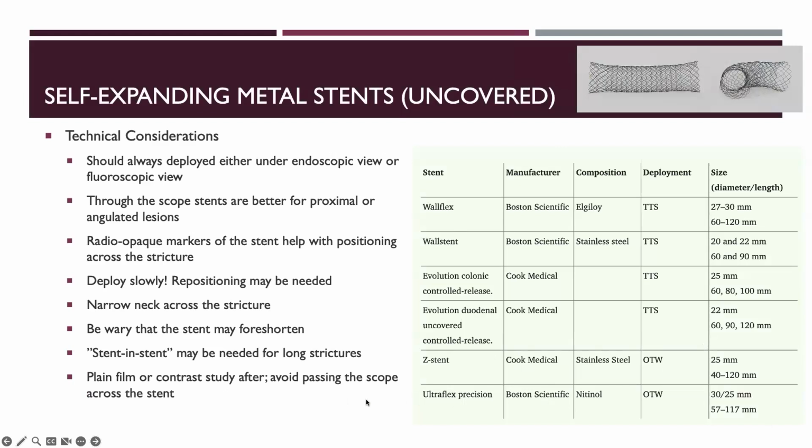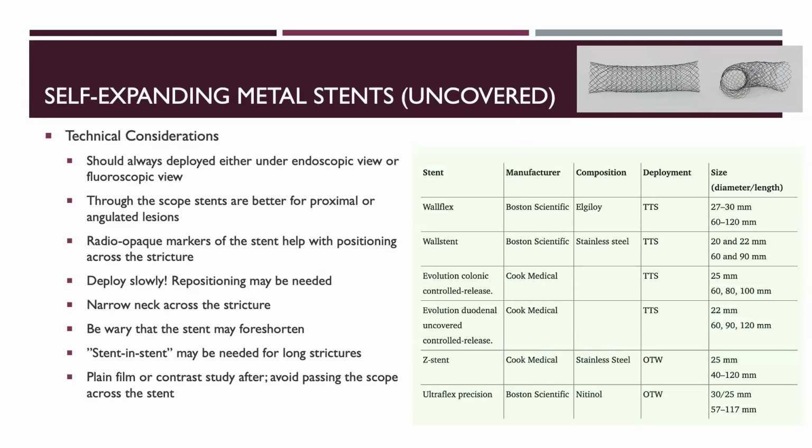In terms of technical considerations, on the right here you're just going to see the different manufacturers and their uncovered colonic stents as of current. You always need to deploy either under endoscopic view or fluoroscopic view. Remember, these can be through the scope stenting, but typically they're not, and so you need to do them with straight fluoroscopic view. Through the scope stents are better for proximal or angulated lesions.